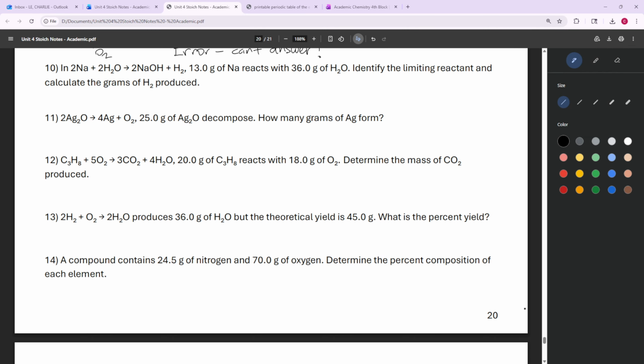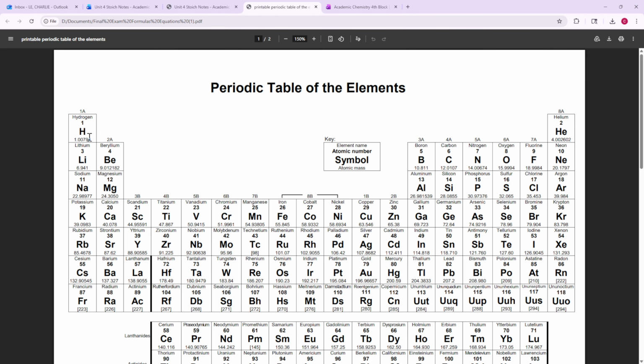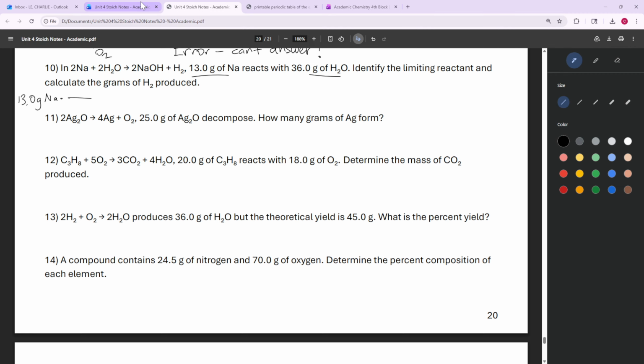2 sodiums plus 2 waters, giving us 2 sodium hydroxide and hydrogen. 13 grams of sodium react with 36 grams of water. Calculate the grams of hydrogen produced and identify the limiting reactant. All right, so we got 13 grams of sodium. According to the periodic table, 23 grams.